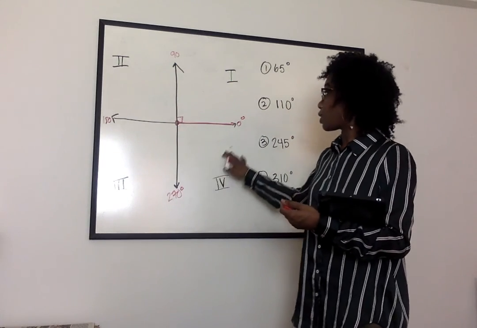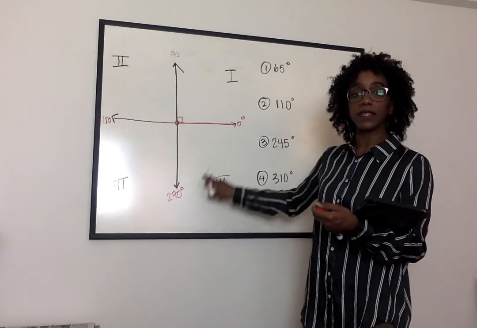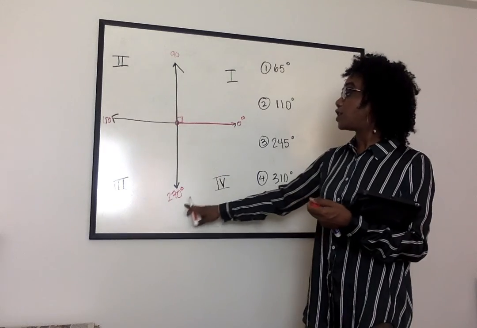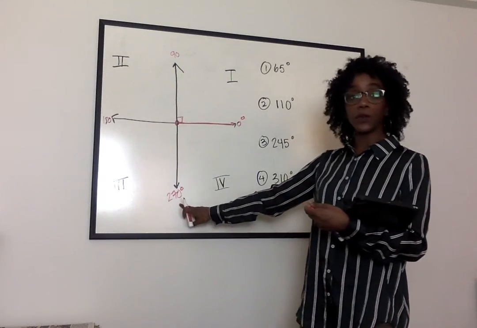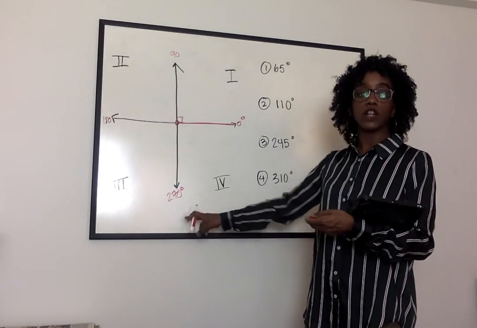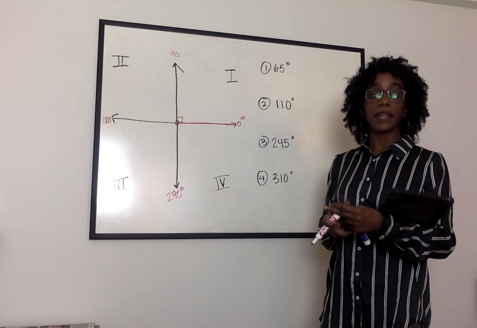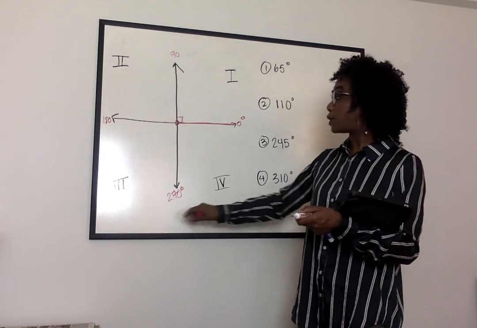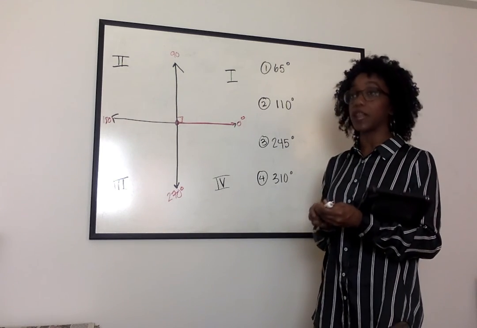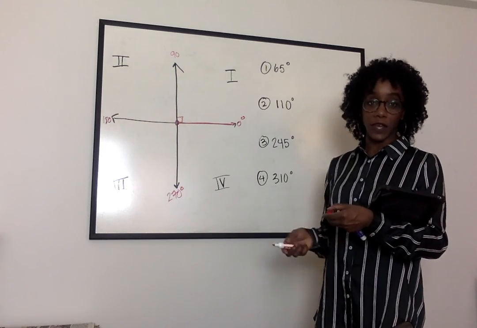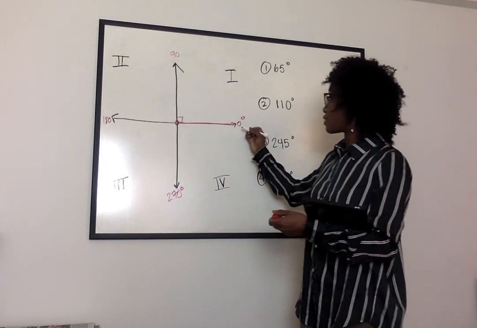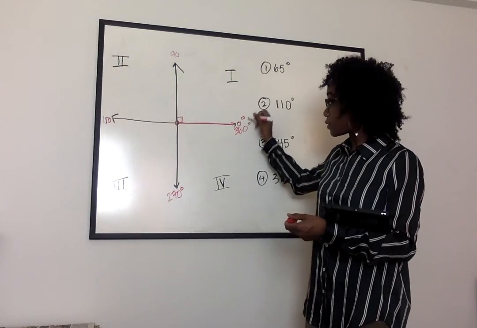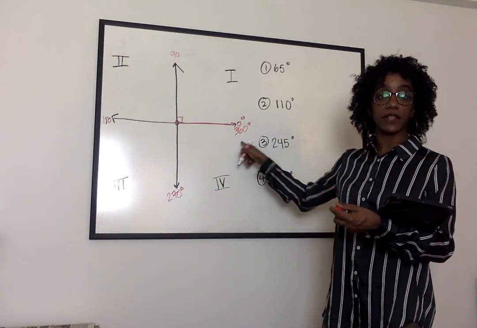Now, how do we get from 270 to 0? Well, we add another 90 degrees. 270 plus another 90 degrees gives you 360 degrees. So this here is 360, which is the same thing as 0. So 0 degrees and 360 degrees are equivalent.